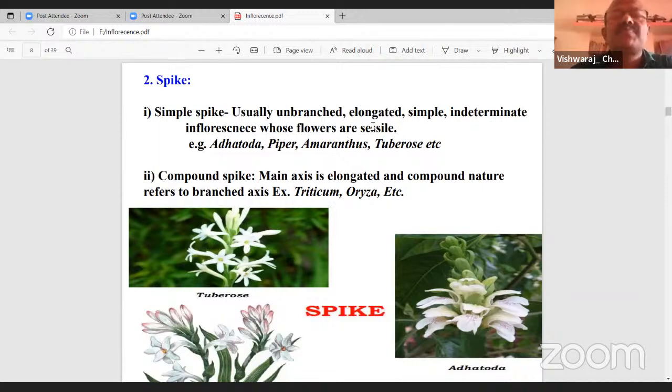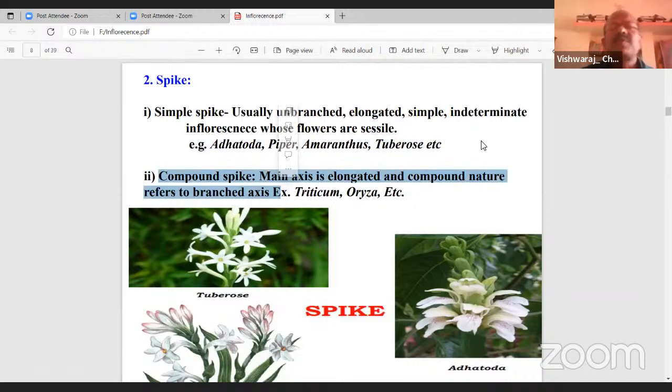We have seen sessile in terminology. Sessile means flowers without stalk. Flowers have no stalk. That is sessile. Example: Adhatoda, Piper, Amaranthus, etc.